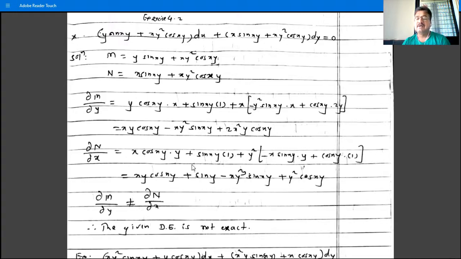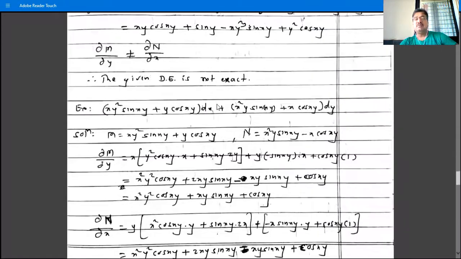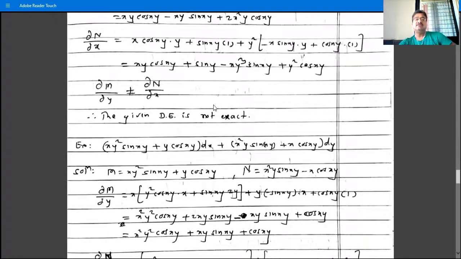The necessary and sufficient condition for the differential equation of the type M dx plus N dy equal to 0 to be exact is that ∂M/∂y is equal to ∂N/∂x. So solve all the problems of exact differential equation. This topic is important as far as the exam is concerned.